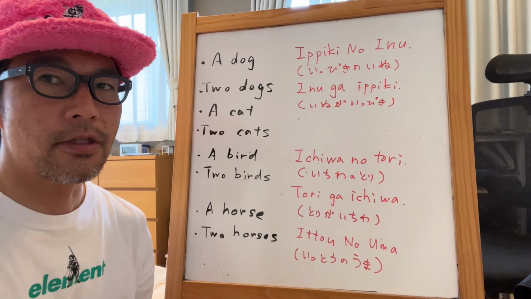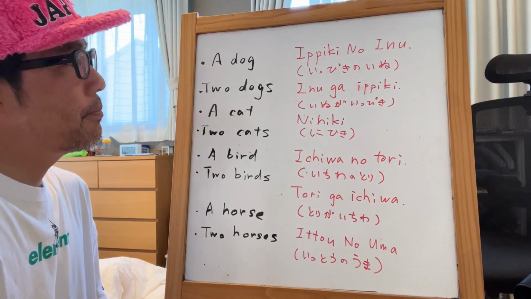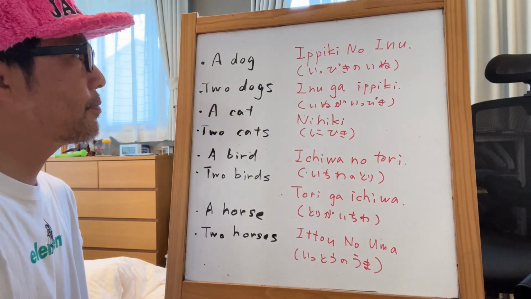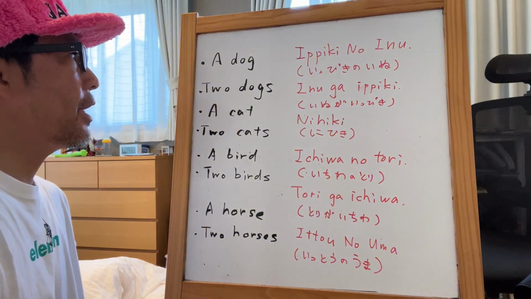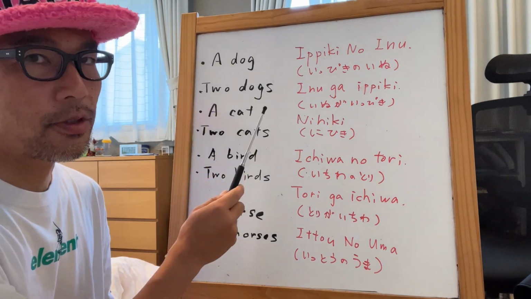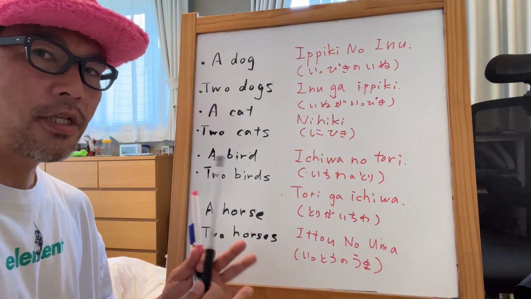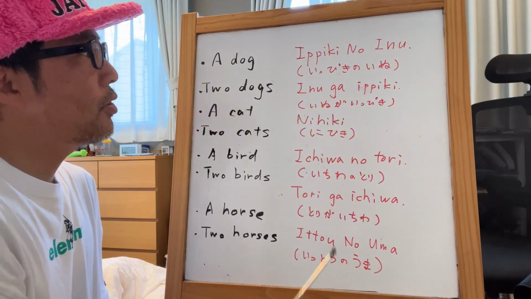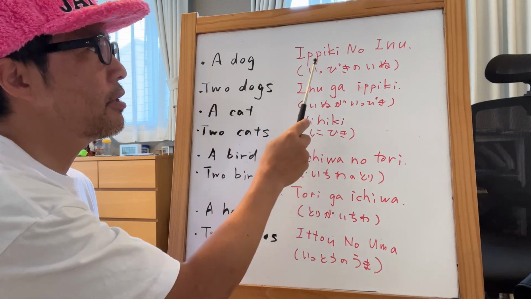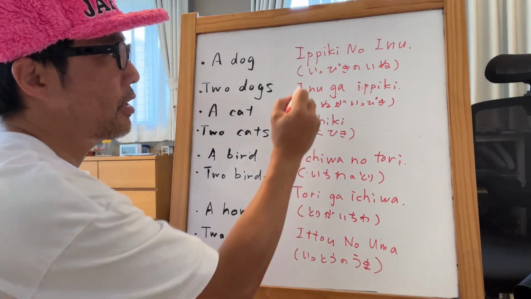So let's start with a basic animal like a dog. In English, you say one dog, a dog, and two dogs, simply. Three dogs, four dogs. And in Japanese, a dog would go with biki or hiki.